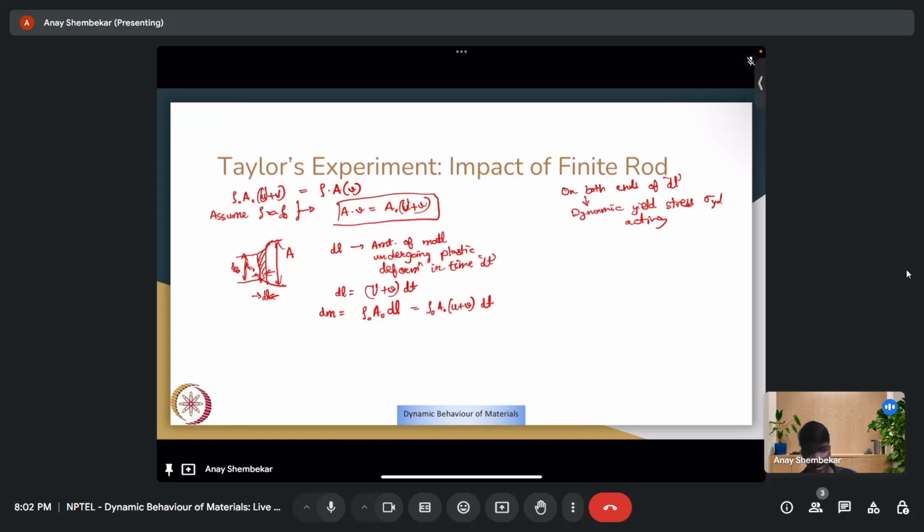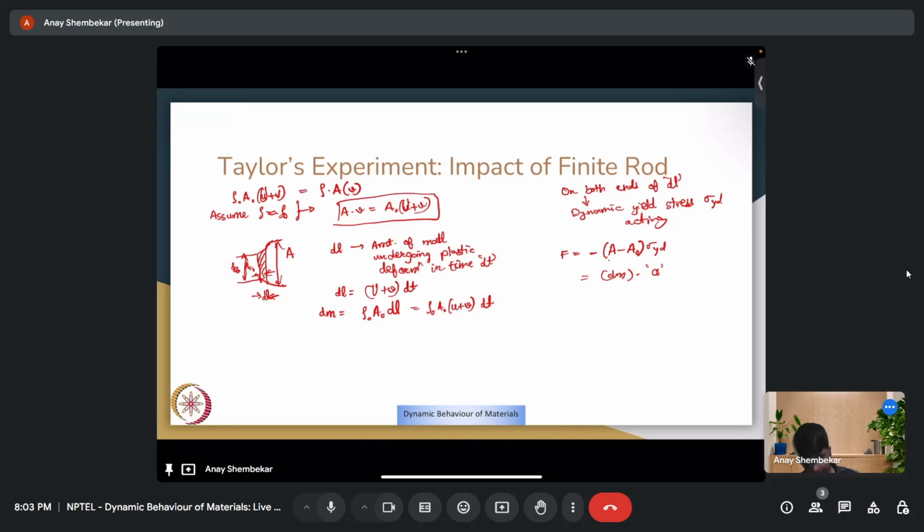So if sigma yd acts on both sides of the small section dl, the change in force would come primarily due to the change of area that the section goes through. So you can write your force as minus, so it's a compressive wave load, so minus A naught into sigma yd. It's a minus sign for the compressive, which is nothing but the small mass dm into acceleration. So acceleration is written as a, right?